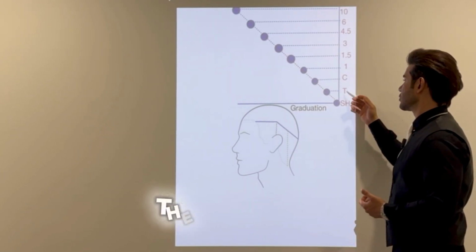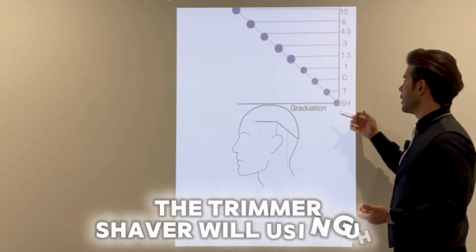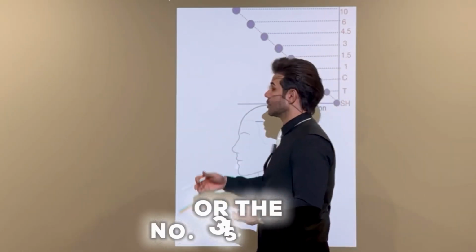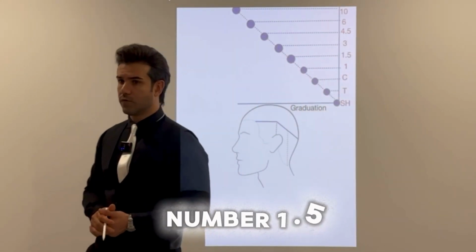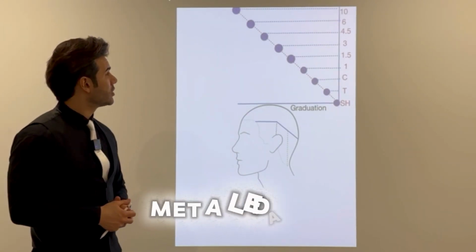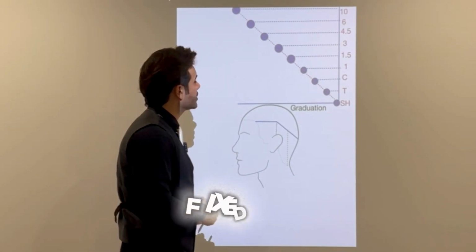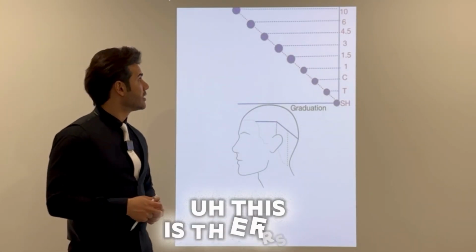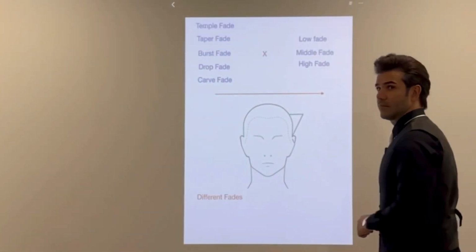For example, the trimmer shaver will be used after the trimmer, or number 3 is after number 1.5. This thing we can't change, and it's already fixed by all the masters around the world. This is the first thing about the fade.